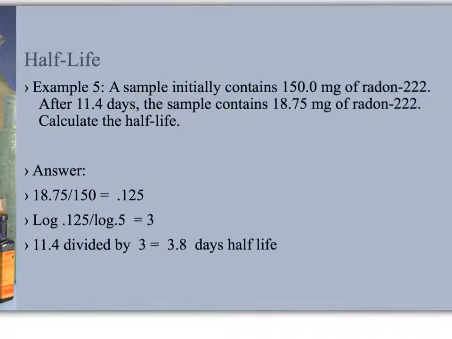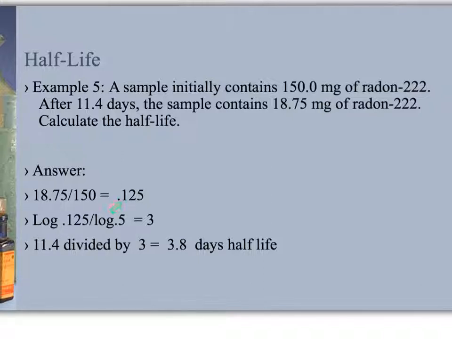Here we have a sample of radon. We have 150 milligrams of radon. After 11.4 days, the sample contains 18.75 milligrams of radon. Calculate the half-life. We will take our ending amount of radon, divide it by our beginning amount. That gives us 0.125.